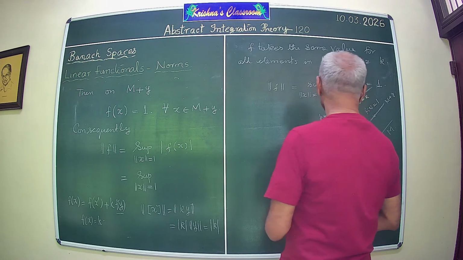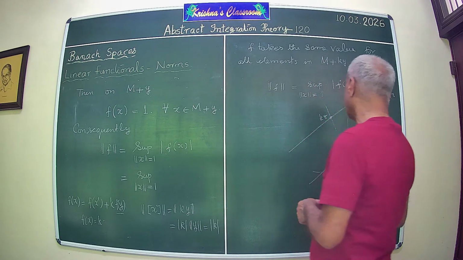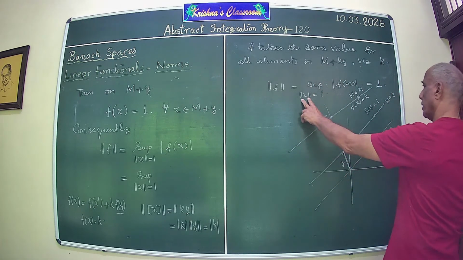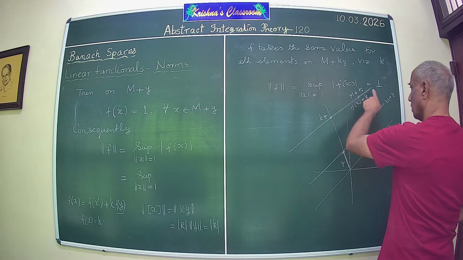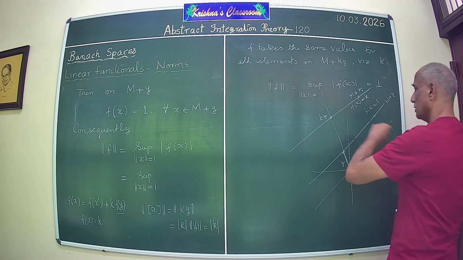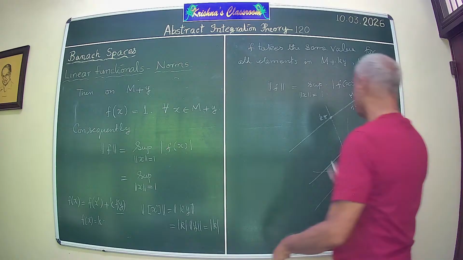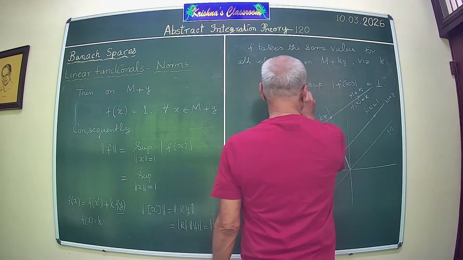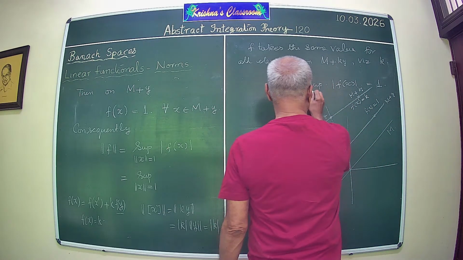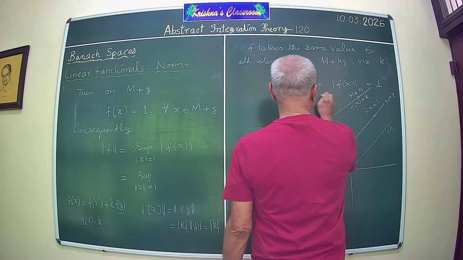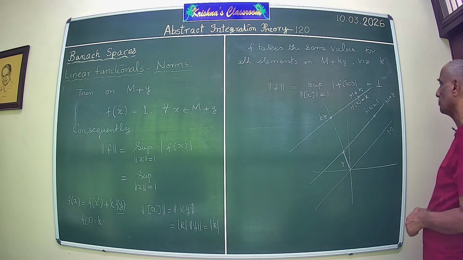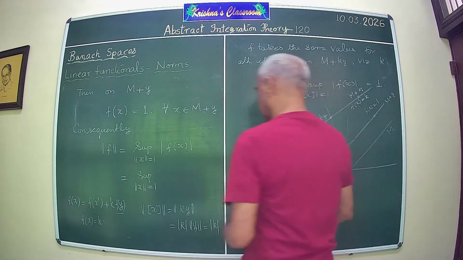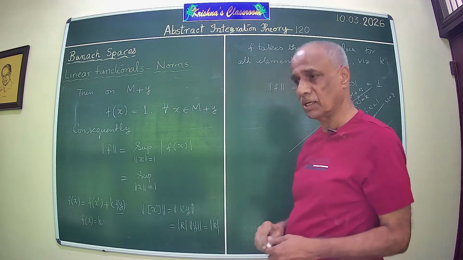Therefore, mod k divided by norm x equal to 1 means if you take any x on this, you see that the norm of f is equal to 1, that is what the norm is all about.